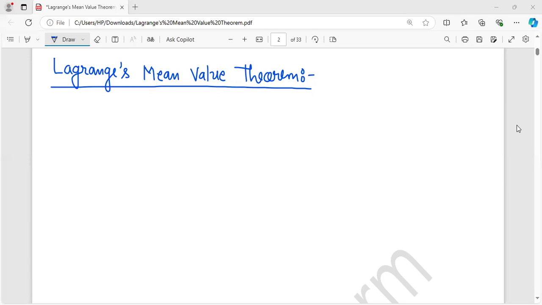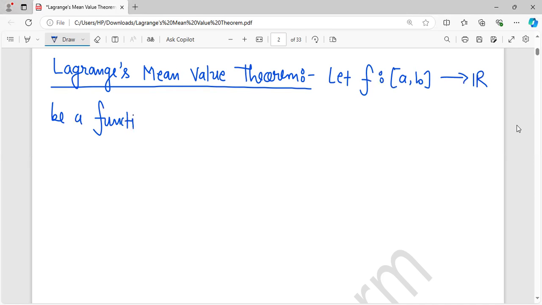So let's see what is Lagrange mean value theorem. Let f: closed interval [a, b] to R be a function, where a, b belong to R and a is strictly less than b.